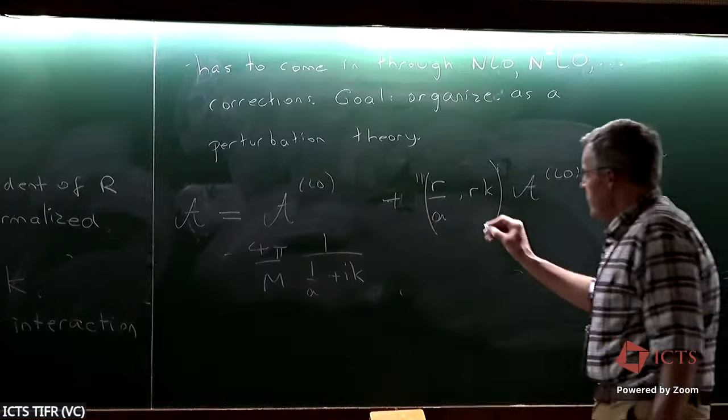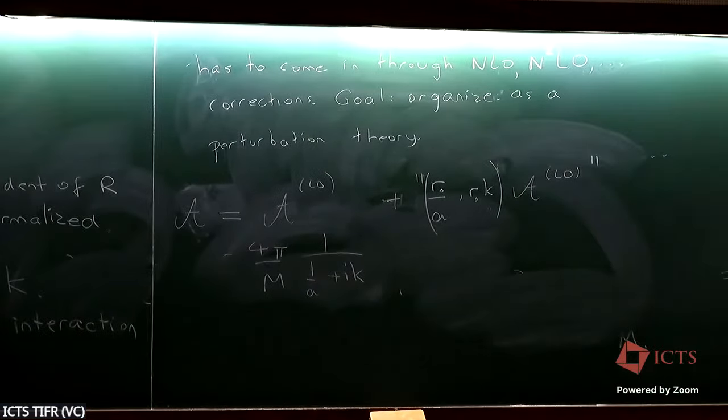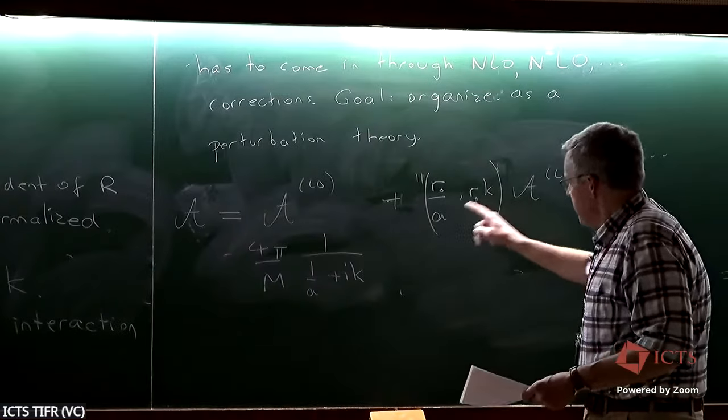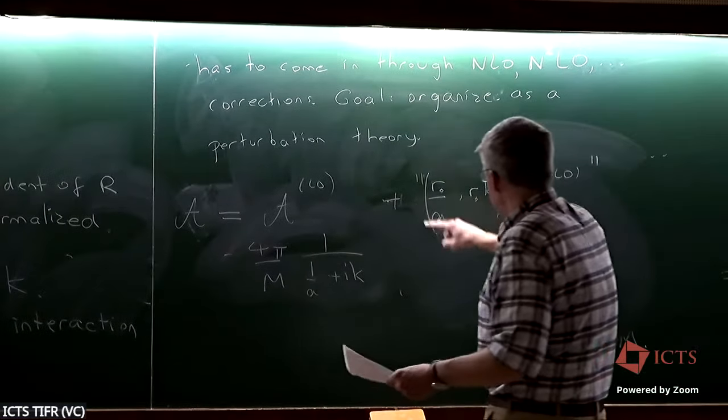I'm playing a little fast and loose with my little r's and big R's. I'll say more about that in a minute. The ratio is set by these dimensionless ratios, and it's these dimensionless ratios that determine how well this theory is going to work for your system. And this one we just talked about.